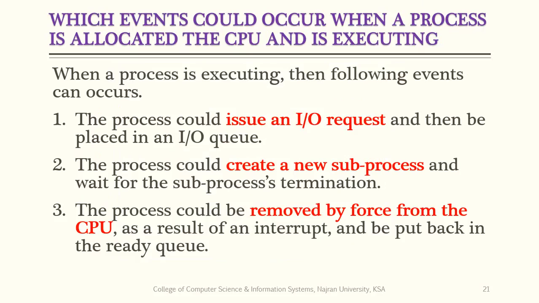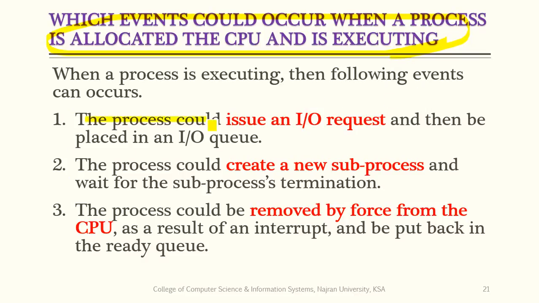Now, our last thing today is which events could occur when a process is allocated the CPU and is executing. Whenever a process is in execution mode, meaning it is in the running state, what events can occur? When a process is executing, the following events can occur. There are three main things.